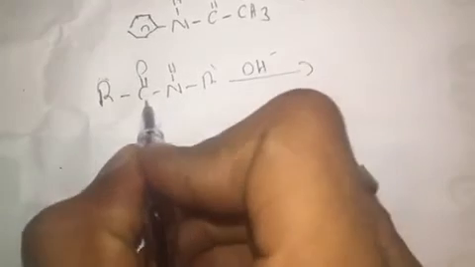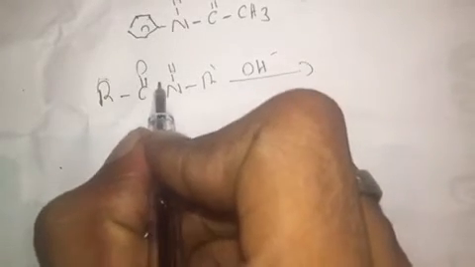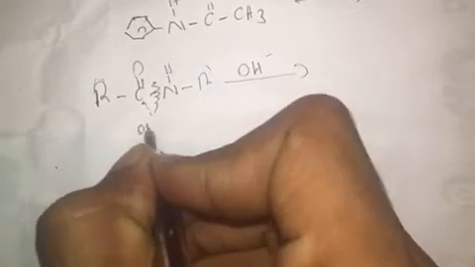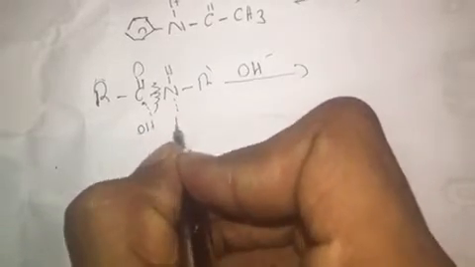First step, between the carbonyl group and the nitrogen group, this single bond breaks, and the OH group attaches to the carbonyl and hydrogen attaches to nitrogen. First step, form a carboxylic acid and a normal amine.